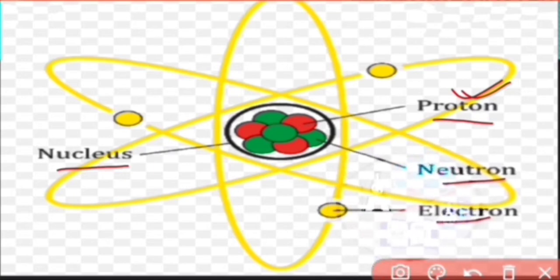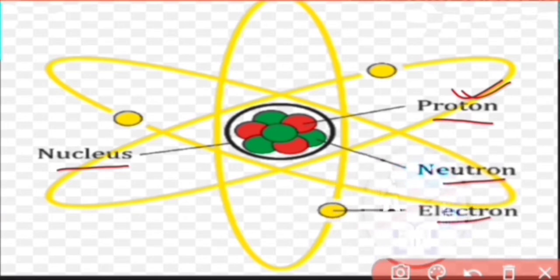Electrons are present outside the nucleus of an atom in their own revolving orbits around the nucleus. As they are present outside the nucleus, they form the extranuclear part of an atom. Electrons are the negatively charged particles.